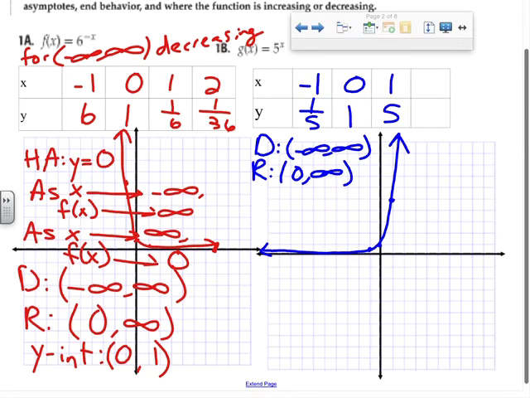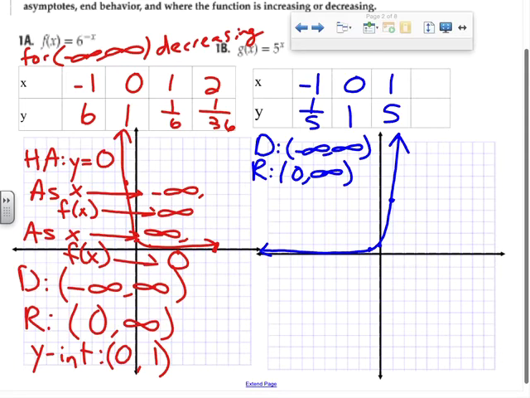Remember, with range, we haven't talked much about range recently, so let me refresh your memory. If we think of domain as a vertical line being dragged across our graph, remember that means we think of range as a horizontal line being dragged up our graph. And that horizontal line being dragged up our graph wouldn't hit our graph until approximately 0.